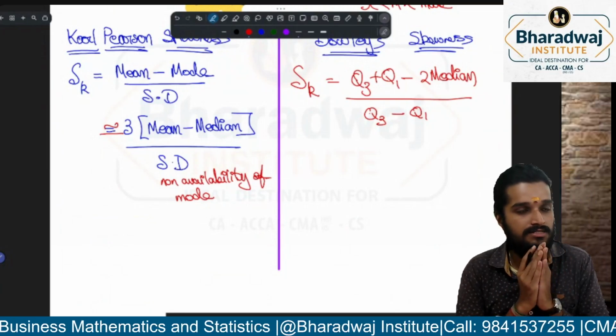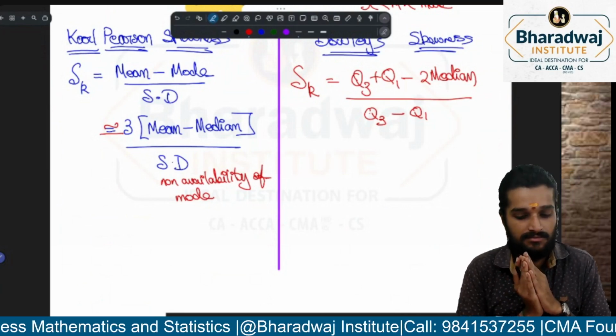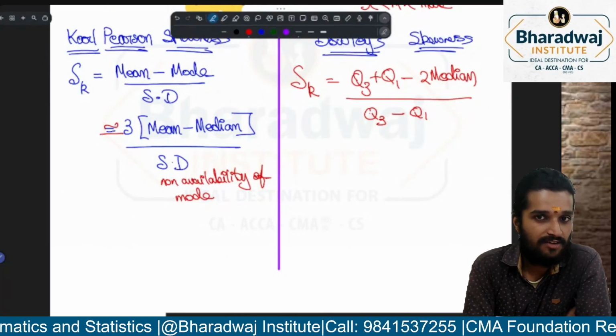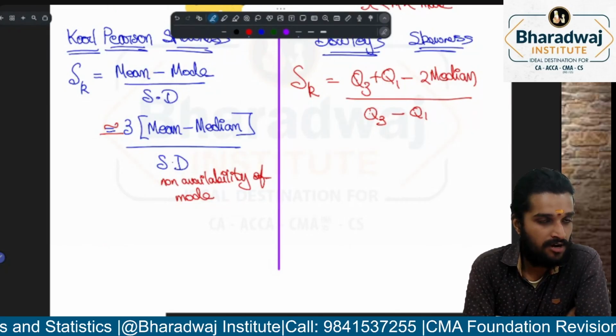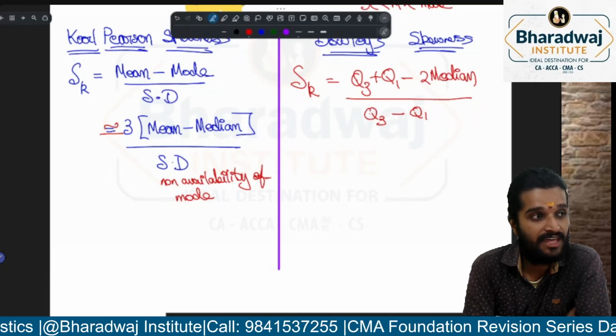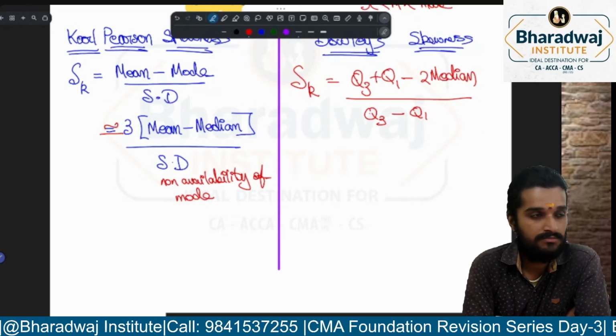Now we have discussed the shifting towards left or right. Shifting of the curve towards the left hand side or right hand side, we called skewness. If the shifting is towards top or bottom, it's kurtosis.